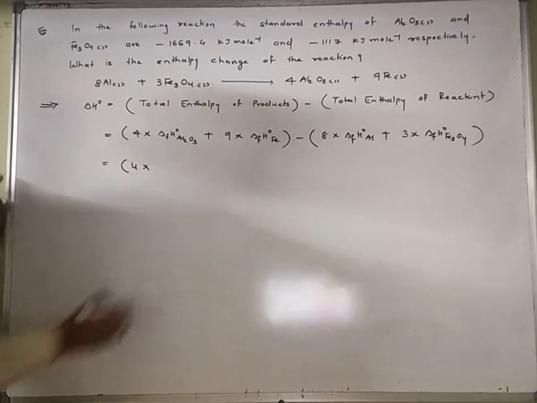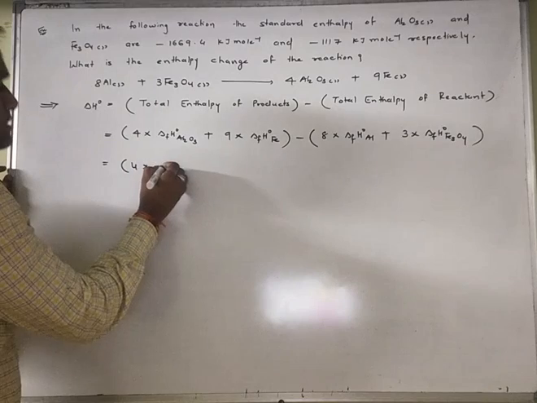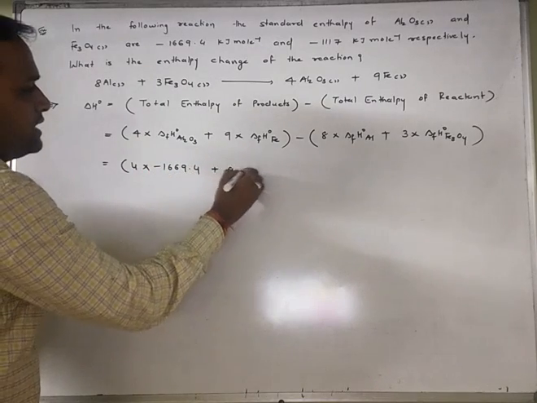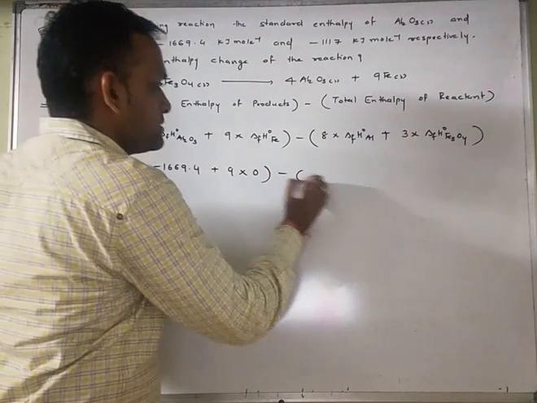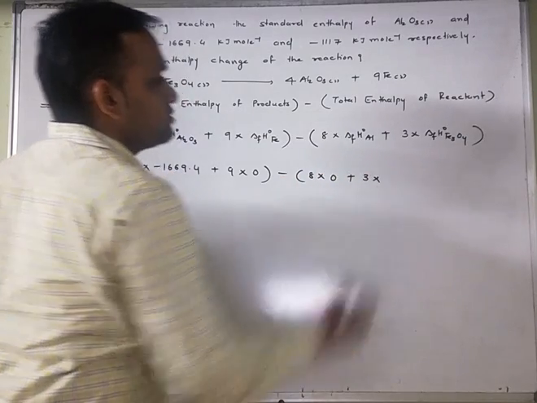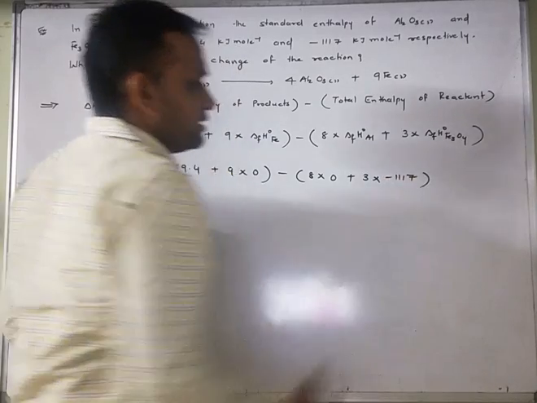Now put the value in this equation. So 4 into Al2O3, यहाँ पे दिया हुआ है minus 1669.4, plus 9 into Fe का 0, minus 8 into Al का 0, plus 3 into Fe3O4 का minus 1117. Understand?